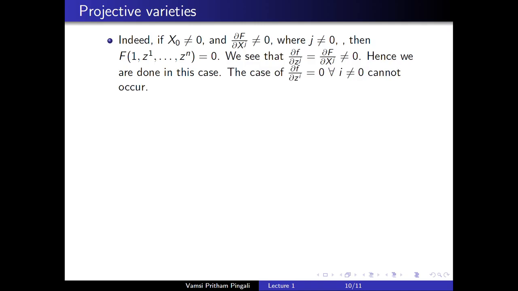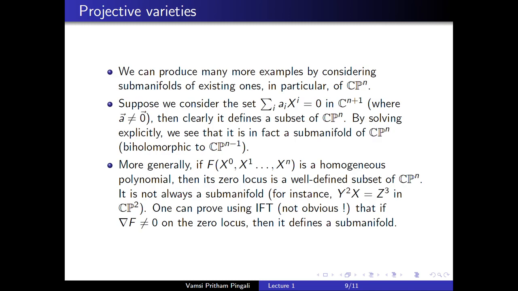What happens if j is actually 0? It cannot occur. Namely, the possibility that df/dzi is 0 for all i and df/dx0 is non-zero cannot occur in this coordinate chart. Why? I'll leave that as an exercise, but the whole point is if you take any homogeneous polynomial, it satisfies a beautiful identity, Euler's identity.